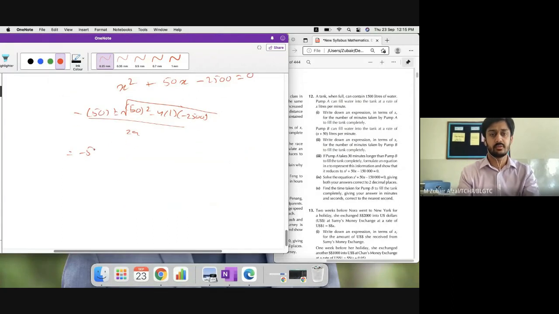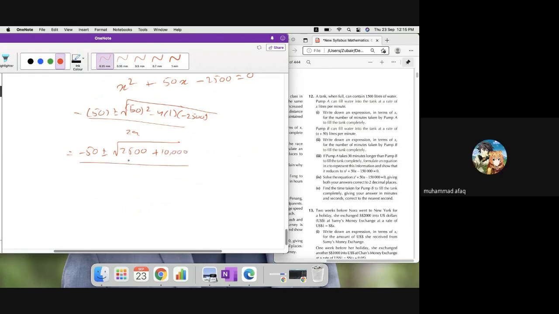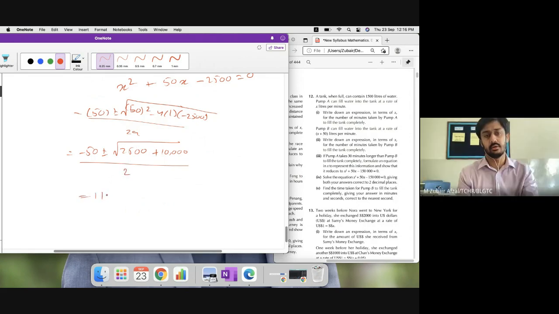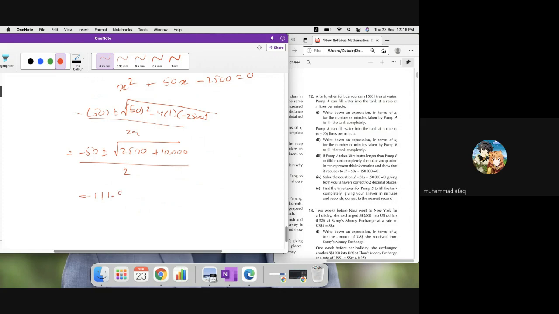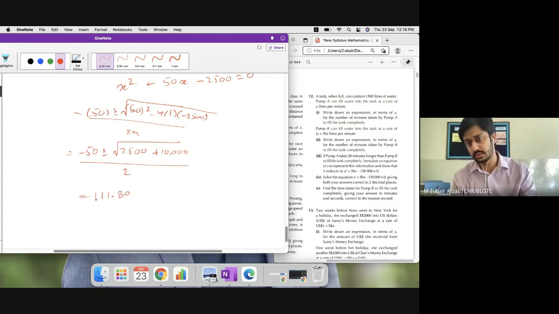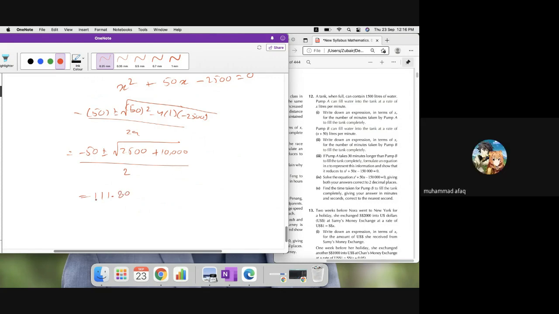So this is minus 50 plus minus square root of 50 squared, which is 2500, and 2500 into 4 is 10,000. There is 111.80. So that's your answer. No, no. We have to first add it with minus 50.